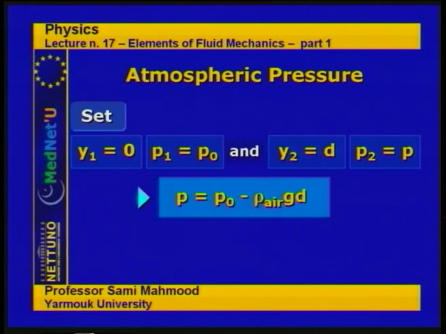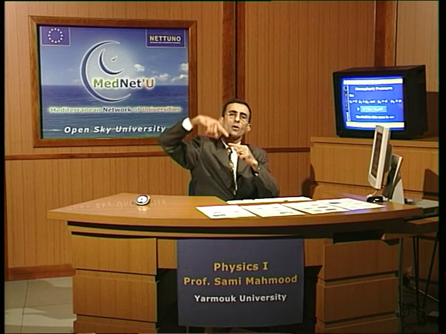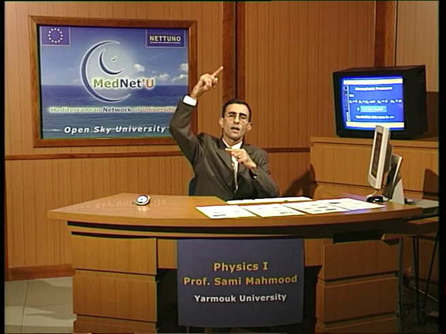We just have to remember at this point that the fluid involved in this particular problem is the air, because we are measuring the pressure of the column of air of height d. So rho in this equation is the density of the fluid involved in the problem, which is air in this case. At any rate, rho in the original equation is the density of the fluid we are dealing with. It's a general equation.